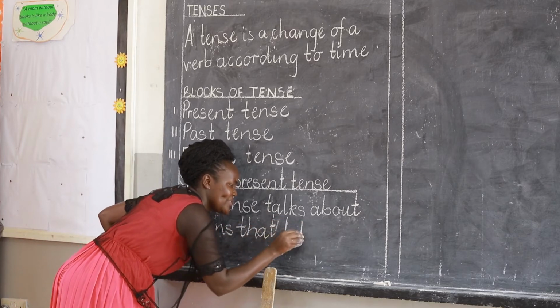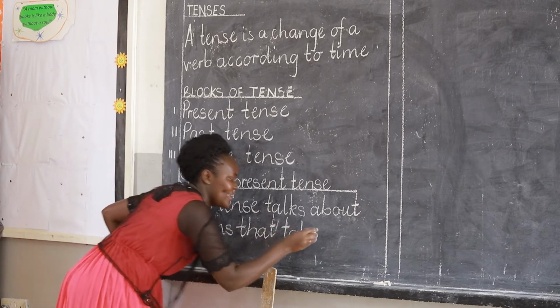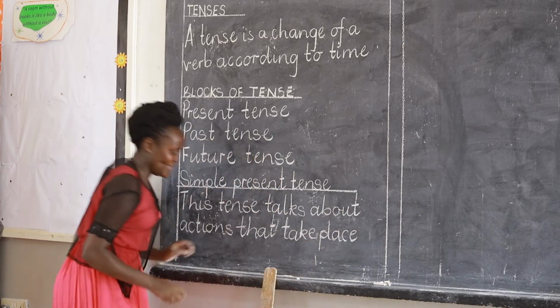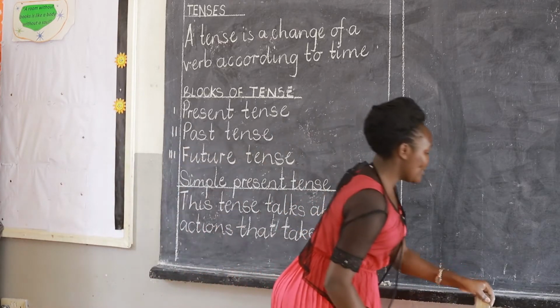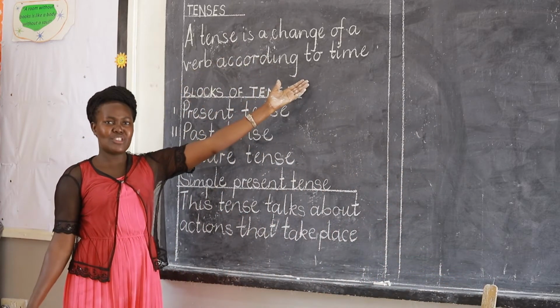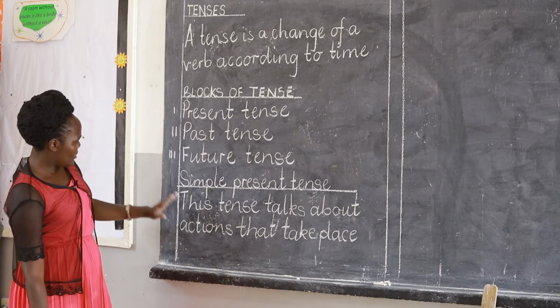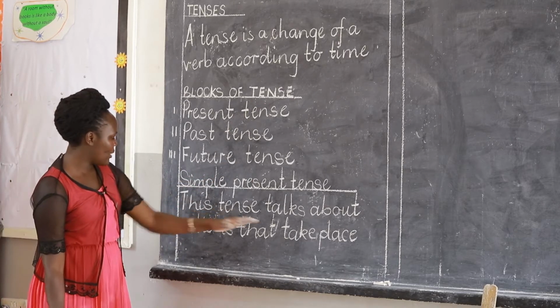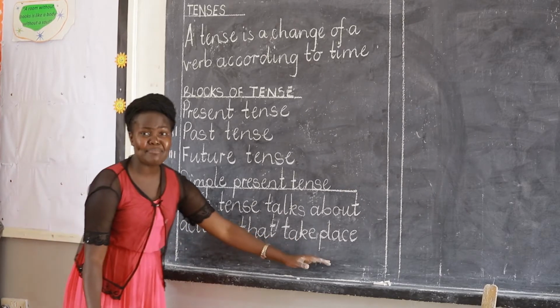Ask yourself too. That take place. When do they take place? Remember, we said a tense is a change of a verb according to time. And here we are. We are saying simple present tense talks about actions that take place.